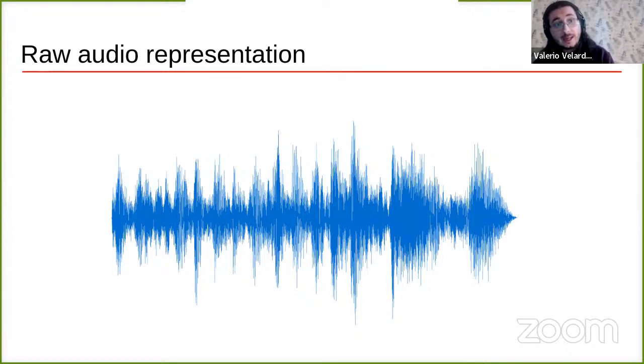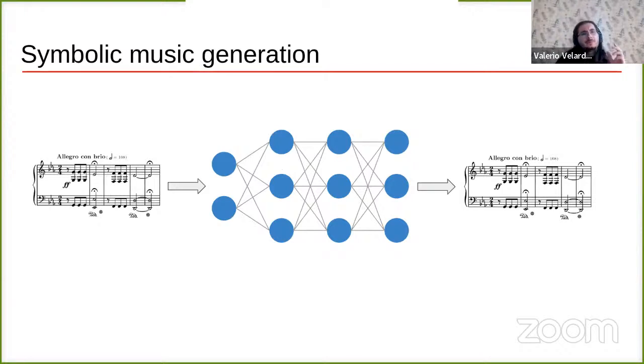But there's also another approach, which is quite trendy right now, and it works directly with the signal itself, with raw audio. The idea with symbolic music generation is that you have a model, if you're using some sort of machine learning or deep learning, and you train the model with these symbols, and hopefully the model will learn some patterns, and then at inference time, it could be used to generate other symbols that can then be interpreted as music.